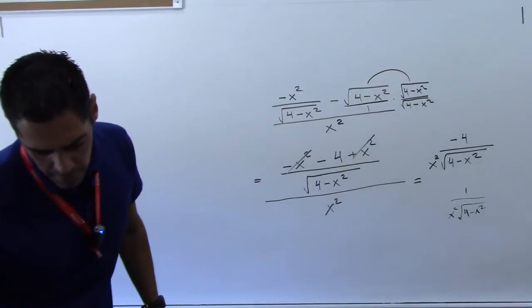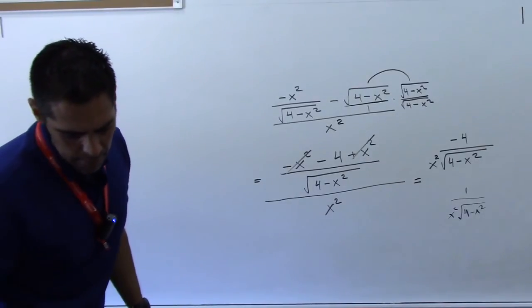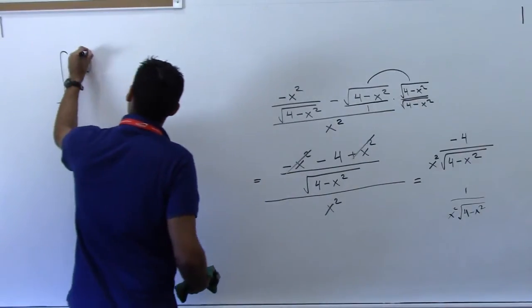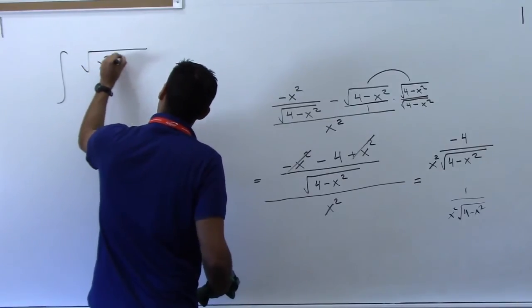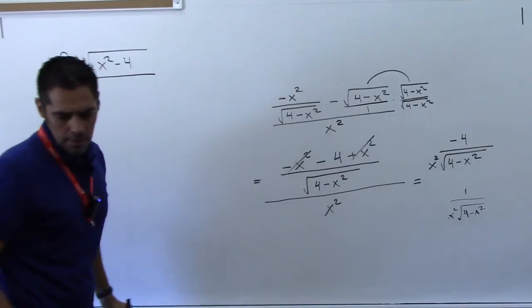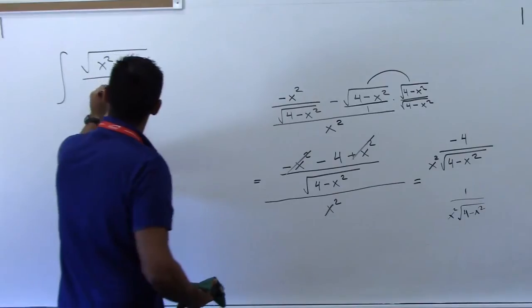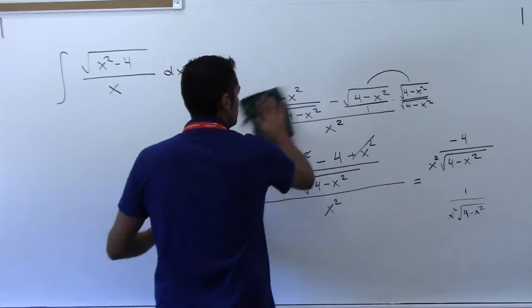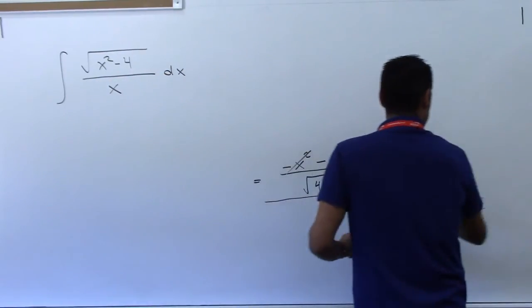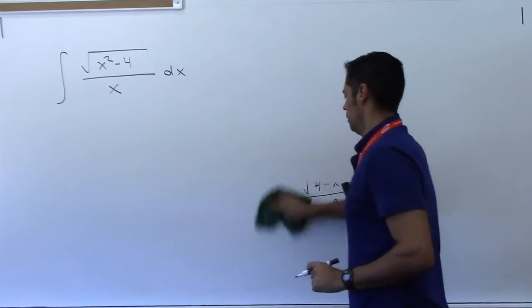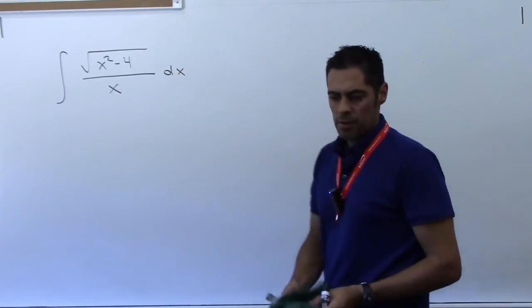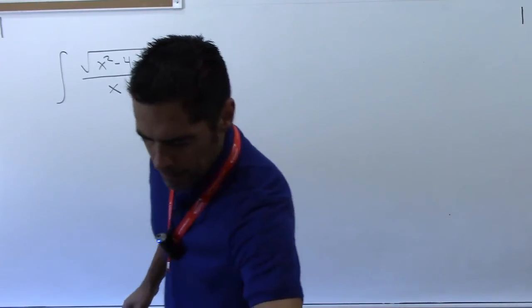All right, 41. Square root x squared minus 4 over x dx. So you're thinking trig sub here again?